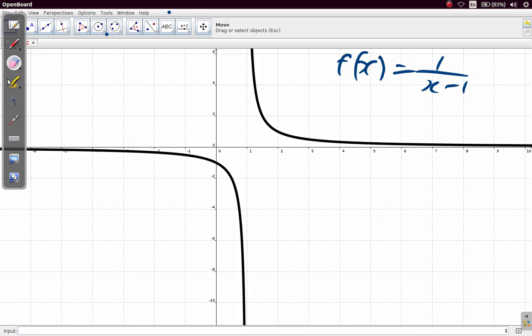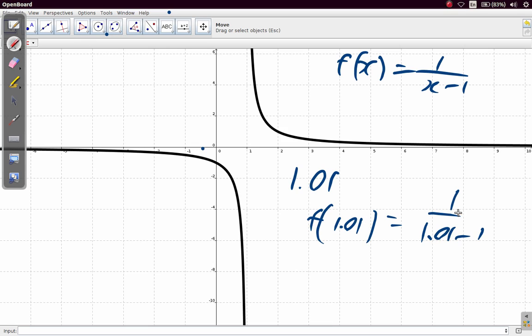Now what happens when x gets even closer to 1 from the right? At 1.01, f of 1.01 is equal to 1 over 1.01 minus 1, which is 1 over 0.01, which is 100.